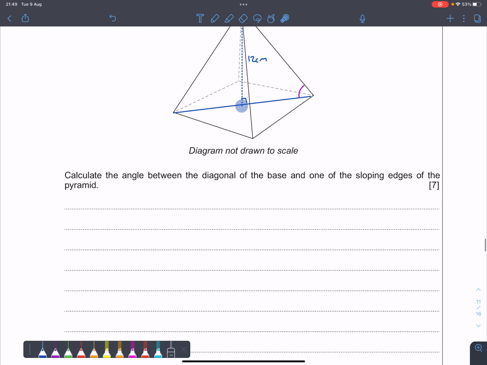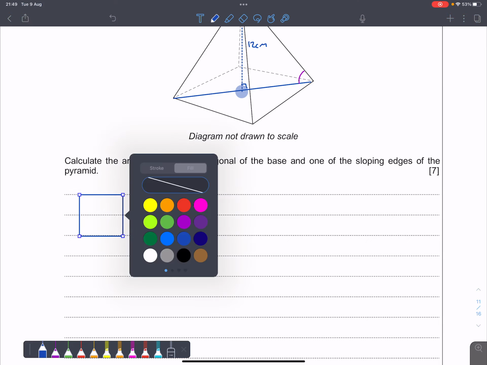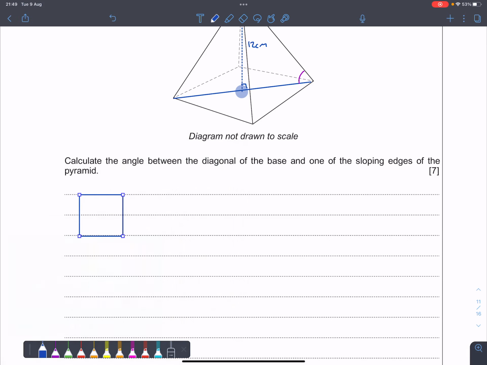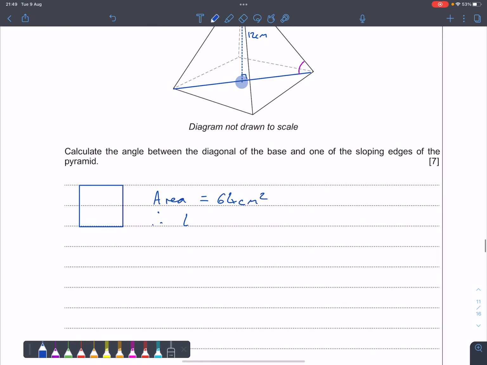So if we take a look at that base, we know it's a square, and we know that the area is 64. So if the area is 64 centimeters squared, and this is a square, that means that each length has to be the square root of 64.